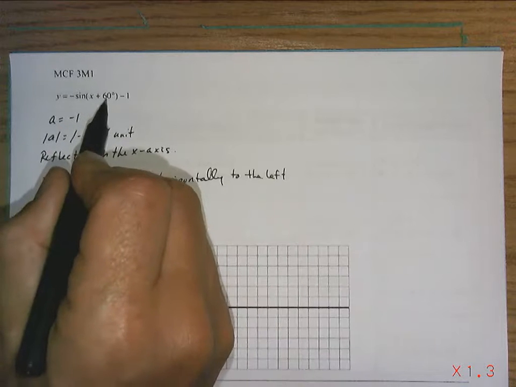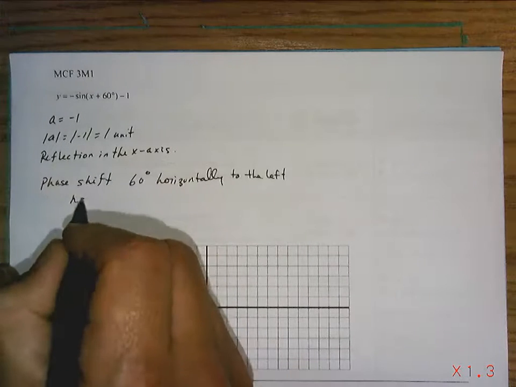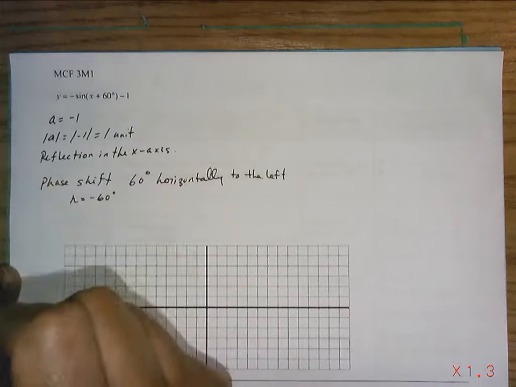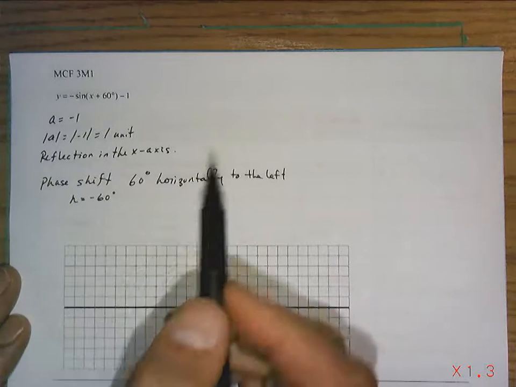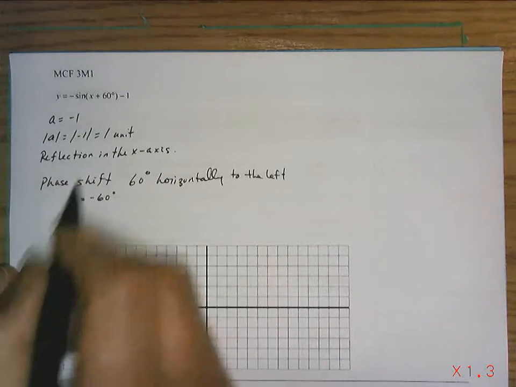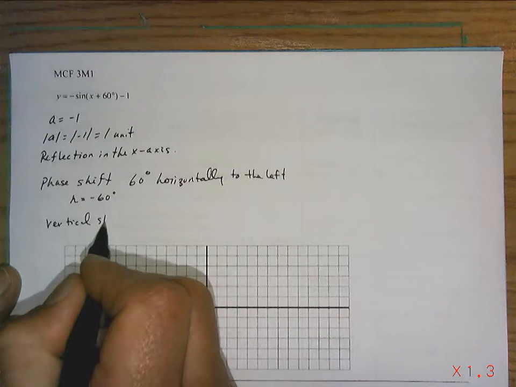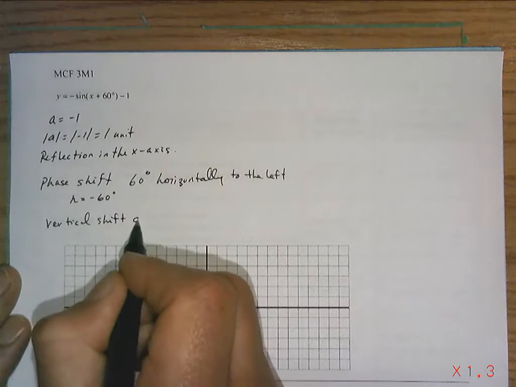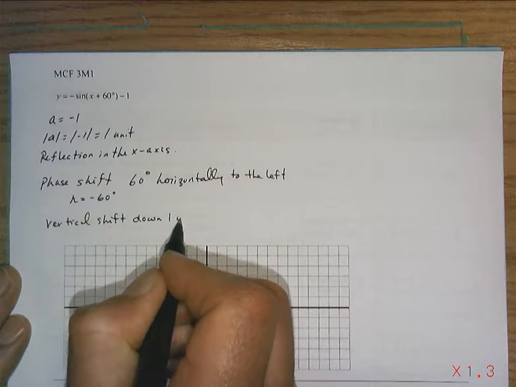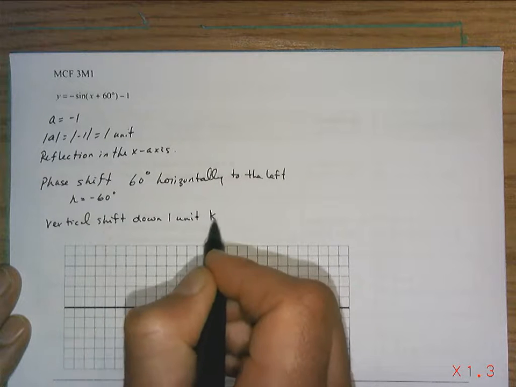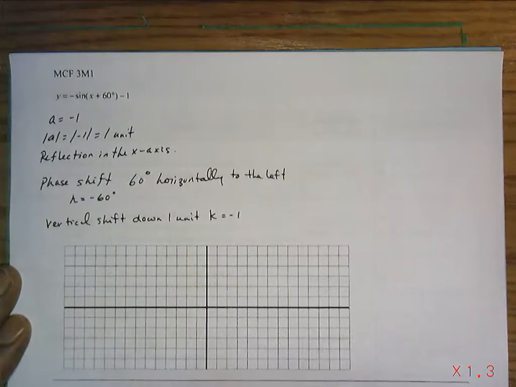That means that that h value is negative 60 degrees. That's how the negative and negative make that positive. And you've got a vertical shift down 1 unit. And that's because you've got a k value of negative 1.